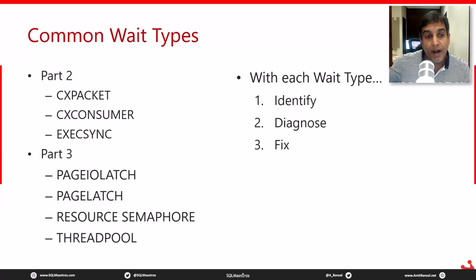You need to watch part two and part three to really see what we have done. With each wait type, we identified it, we diagnosed it, and we fixed it. If you recollect, we ran scenarios, we stressed SQL Server, and we created situations where your query will encounter these wait types, and then we tried to troubleshoot them.